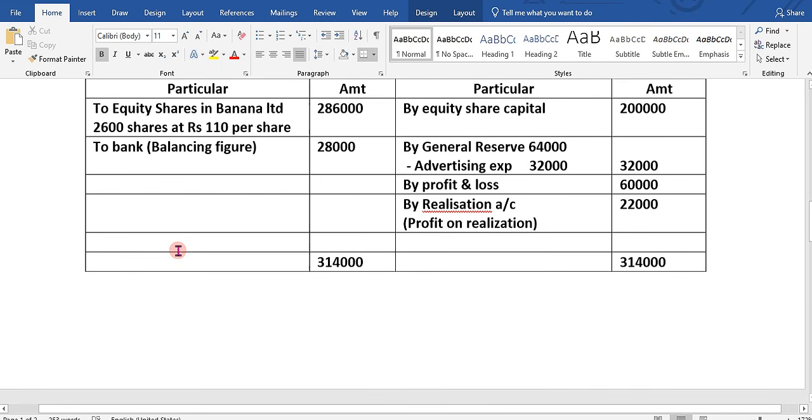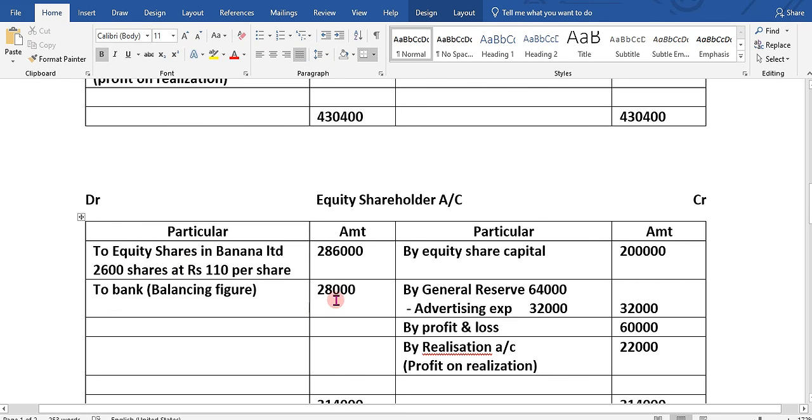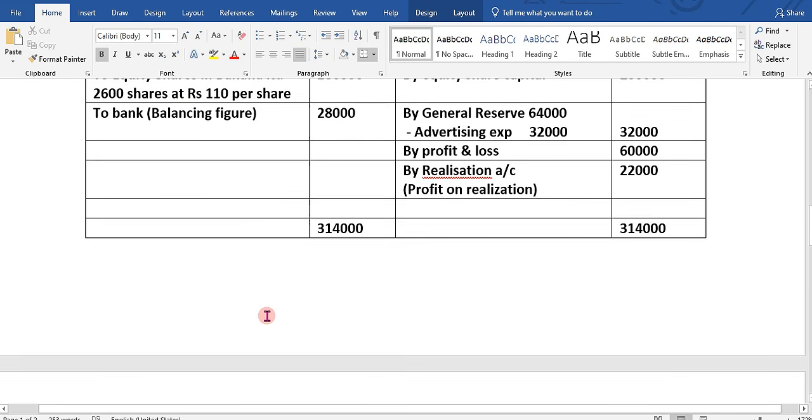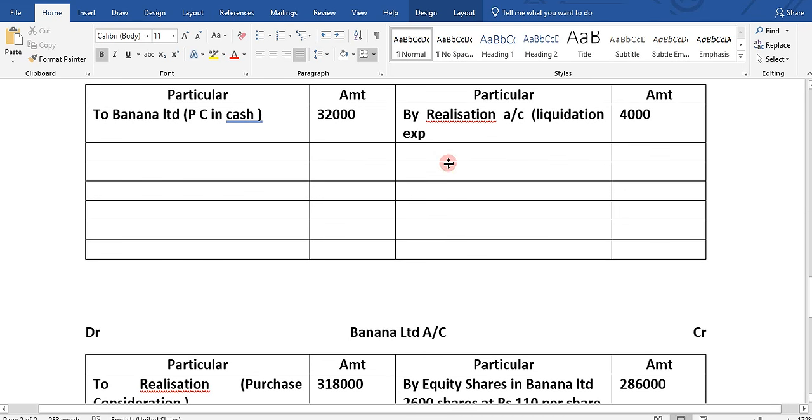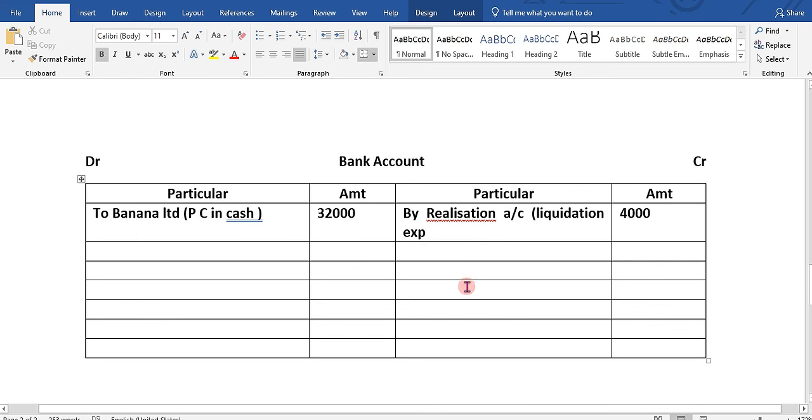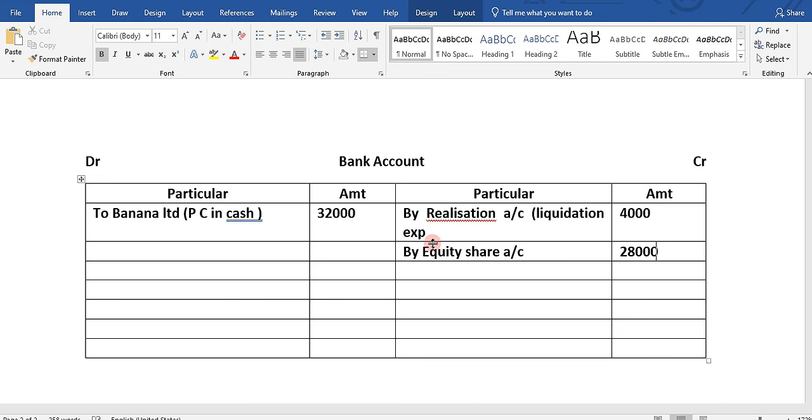So here the difference we note down in debit side of equity share account. Now transfer this 28,000 to bank account credit side, that will be by equity share account 28,000.